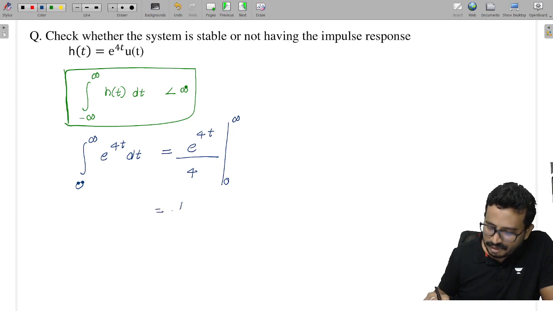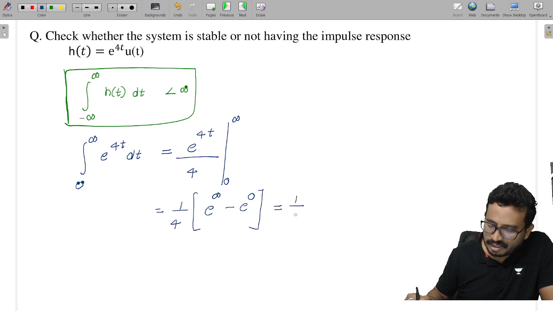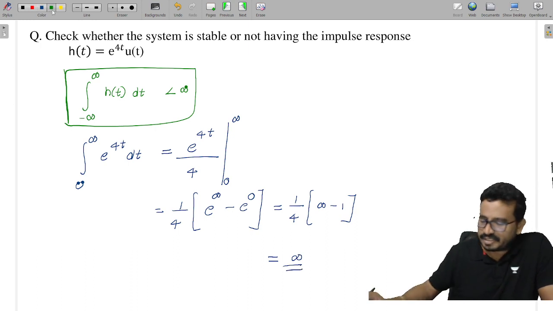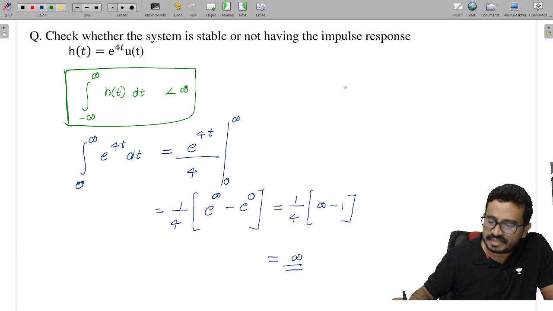Now substituting the limits, that is 1 by 4 into e power infinity minus e power 0. Here e power infinity is infinity, minus 1. So we are getting infinity. The impulse response integral is infinite, so that's why the system is unstable.